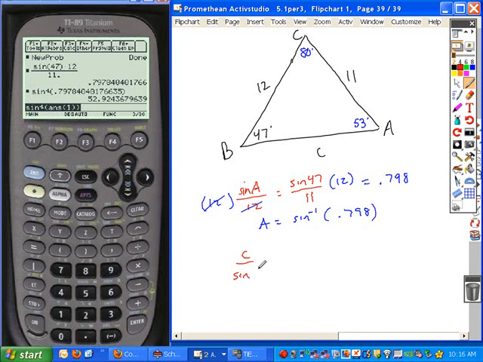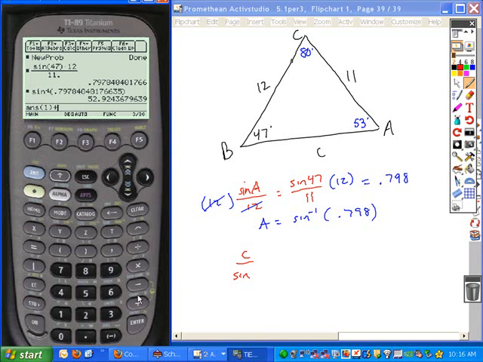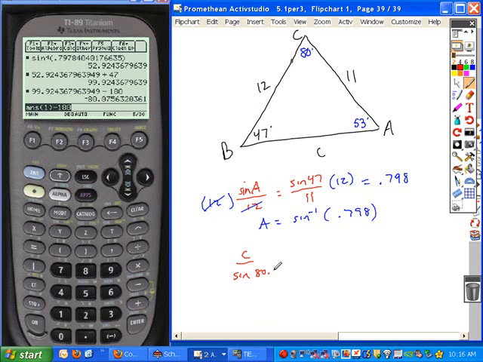So what you would need to do to find out what C is exactly is take this number, add it to 47, and then subtract that from 180. I'm just going to subtract 180 and change the sign here. So this is actually 80.075. So when I take my sine of this number, I'm going to use that actual value.